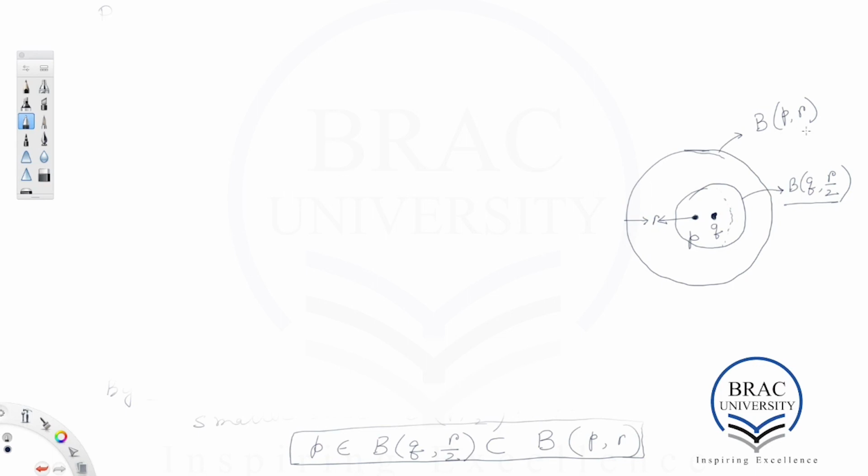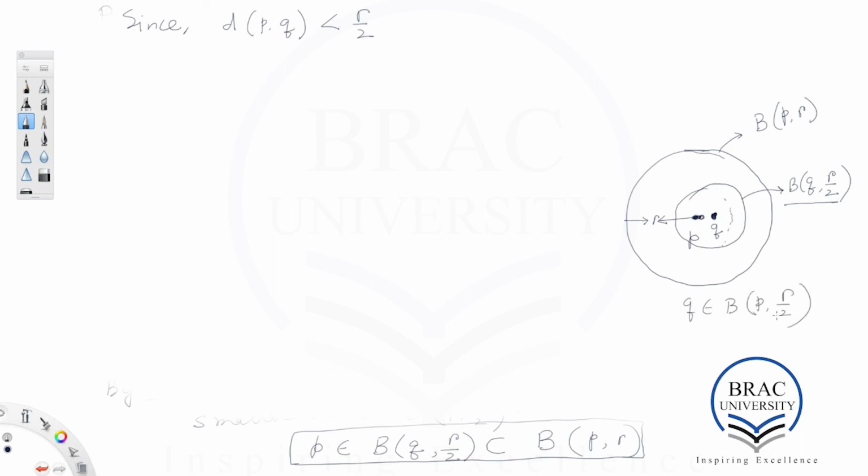Okay, let's see how the proof goes. Since the distance between P and Q is less than R over 2. Why? Because I chose Q to be the point in B(P, R over 2).